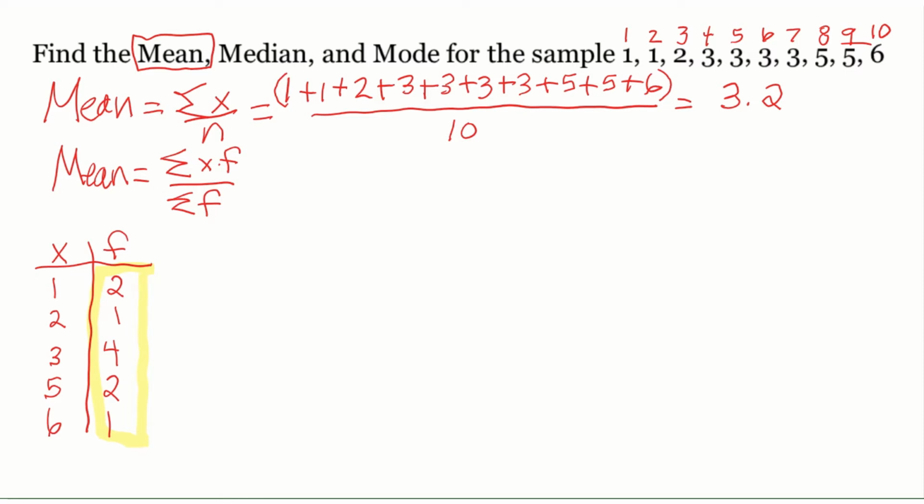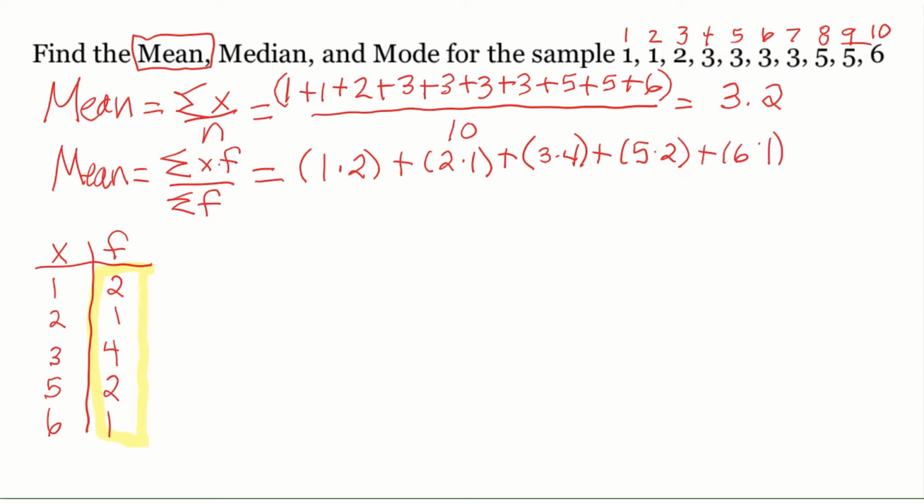So let's go ahead and write that out. We're going to multiply each of those. So we're going to take the x value 1 times its frequency of 2, plus 2 times 1, plus 3 times 4, plus 5 times 2, plus 6 times 1.